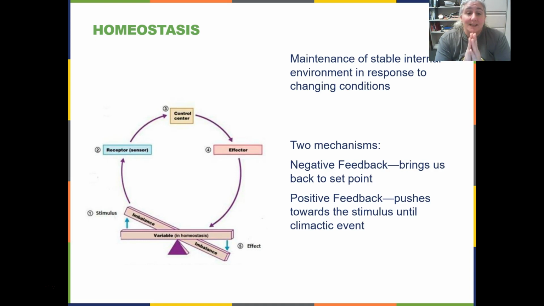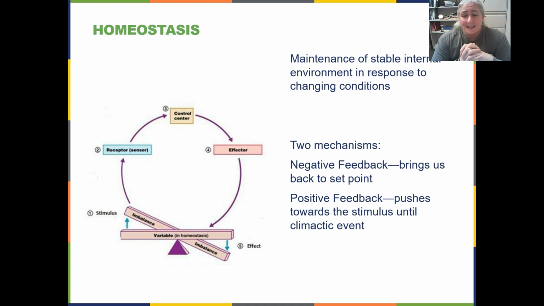Homeostatic mechanism contains three major parts: the receptor, the control center, and the effector. The receptor is what takes in information, takes in a stimulus and says, this is weird, this is not right, or this is different than what it's supposed to be, and sends that stimulus to a control center. Control center, typically our brain or our endocrine system, is going to determine what needs to be done, if anything needs to be done.